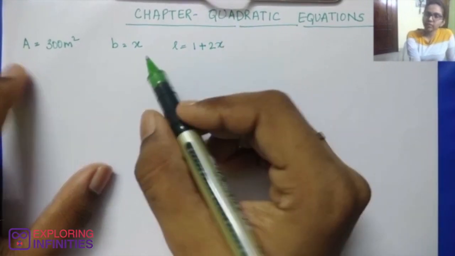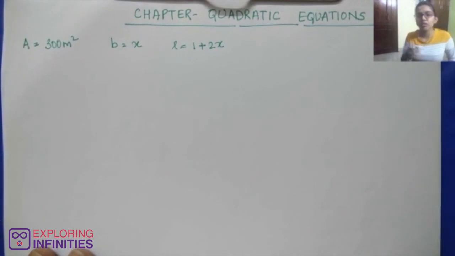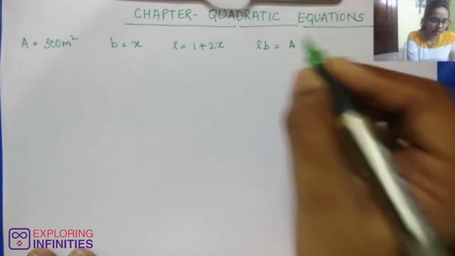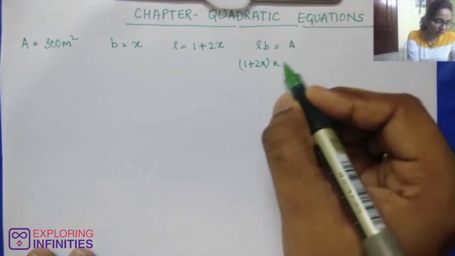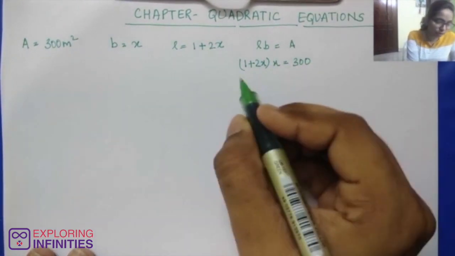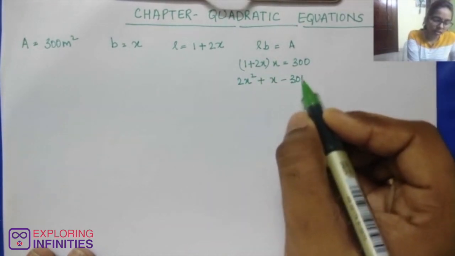So you have the relationship between L and B, your length and breadth, and you know that the product of these two is your area. You tell the investor that L into B is A. So you have (2x + 1) multiplied by x is equal to 300. When you simplify this equation, you have 2x² + x - 300 = 0.